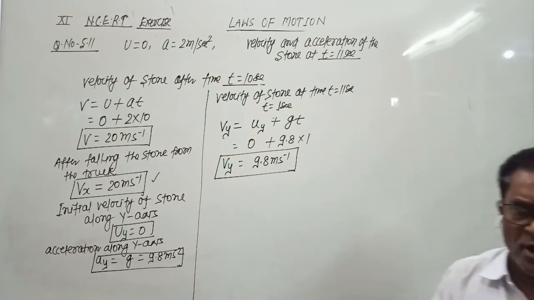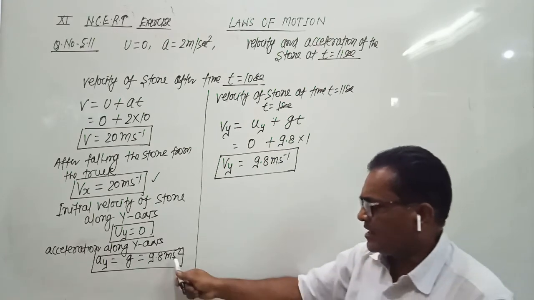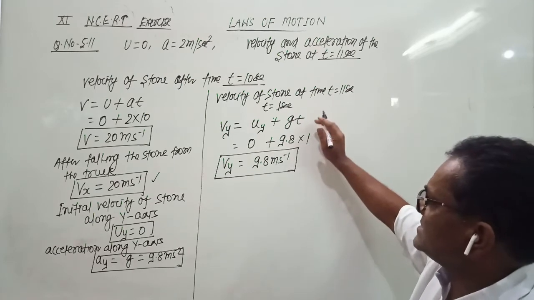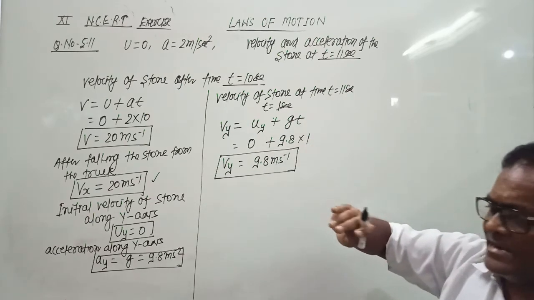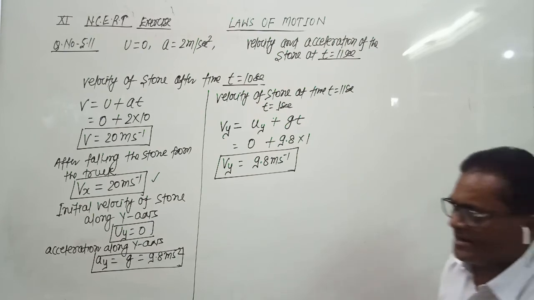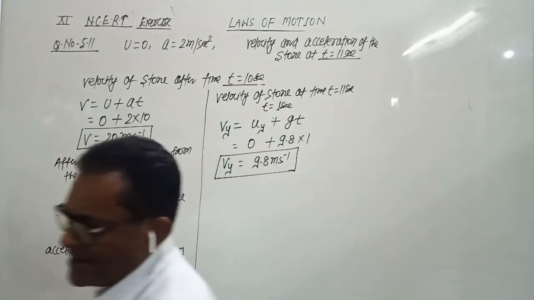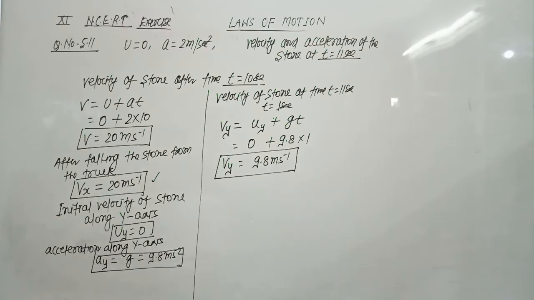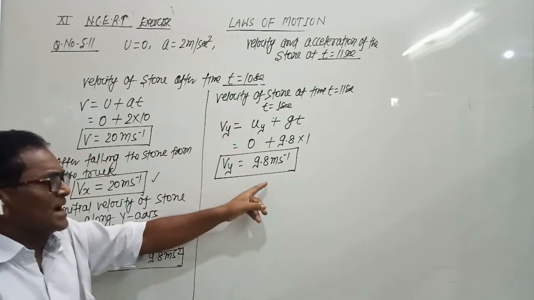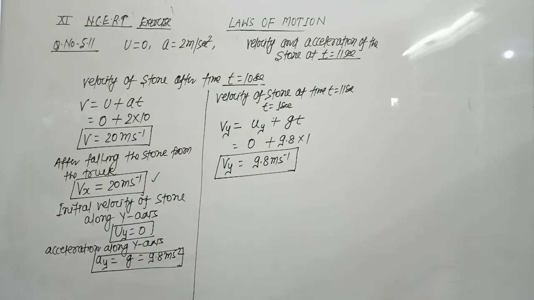Since the body is in contact with gravity, the acceleration equals g, 9.8 meter per second square. At t equals 10 seconds the stone is dropped, and we find the velocity at t equals 11 seconds. The time duration is 1 second, so in 1 second the final velocity acquired by the stone along the y-axis is Vy equals 9.8 meter per second.